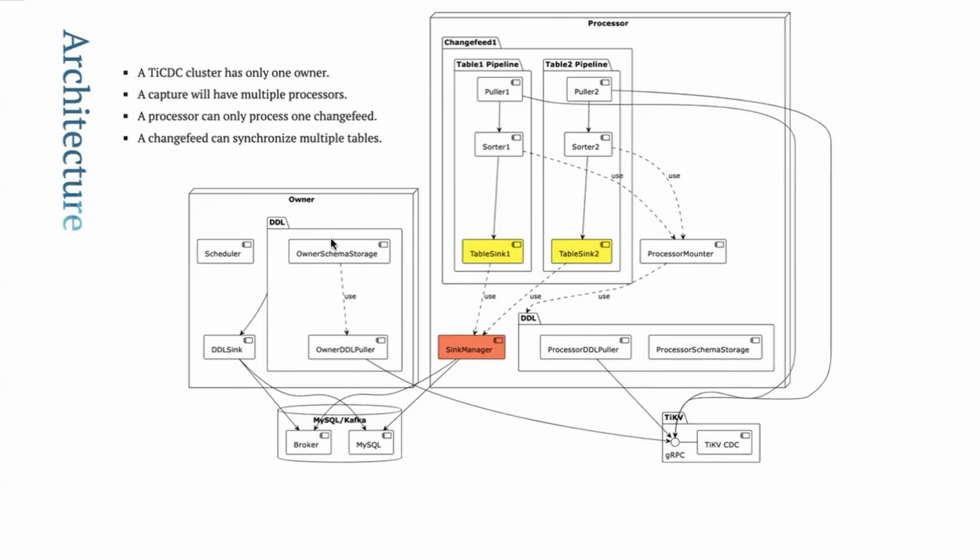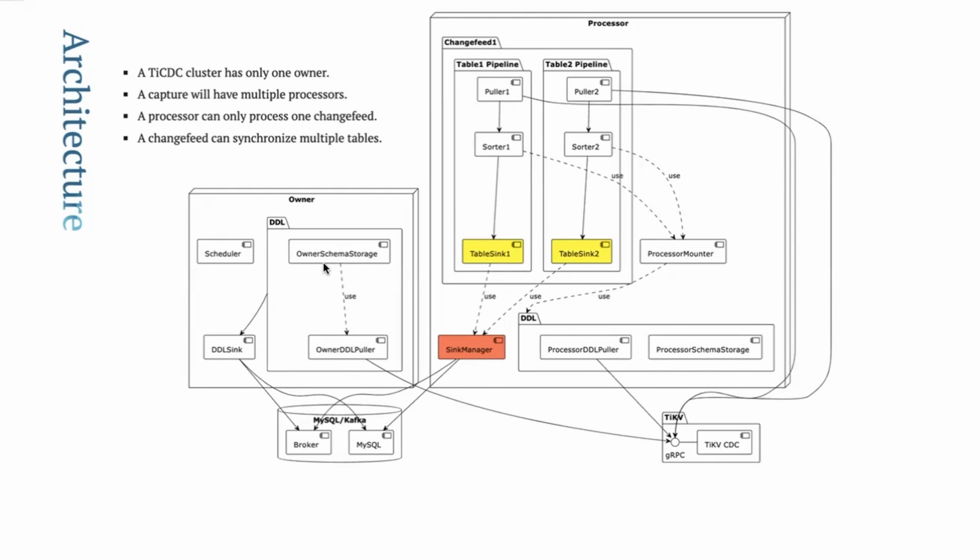In a TiCDC cluster, you can only have one owner, but you can have multiple processors. The owner is responsible for scheduling tables and executing DDL operations. DDL is a quite special operation in TiCDC because we can't execute it multiple times. We need to make sure it's only executed once.